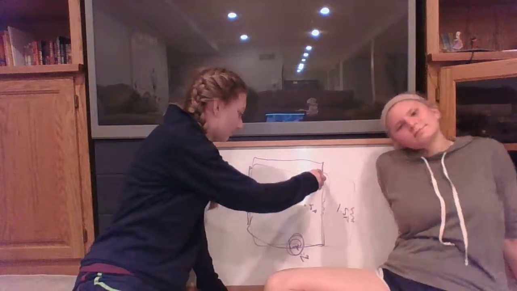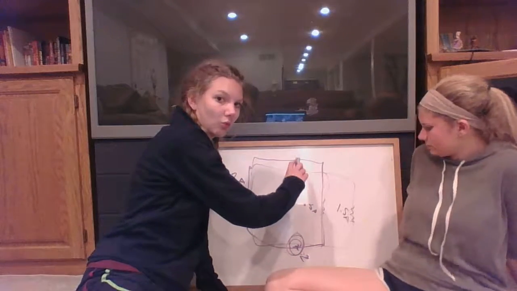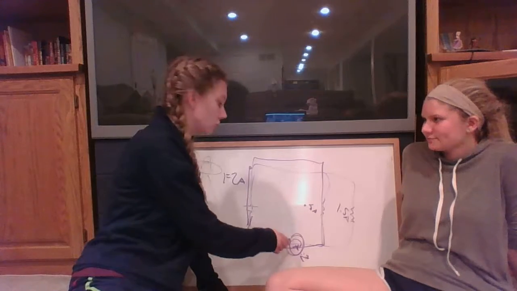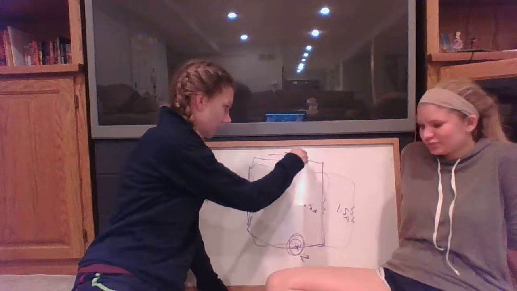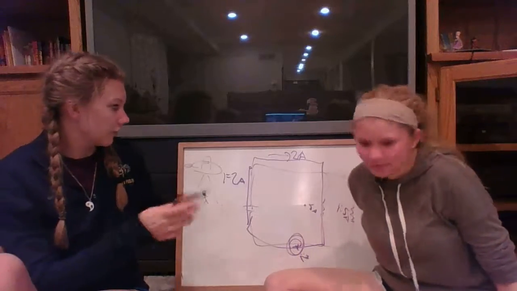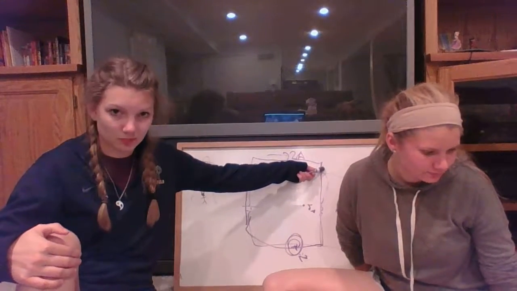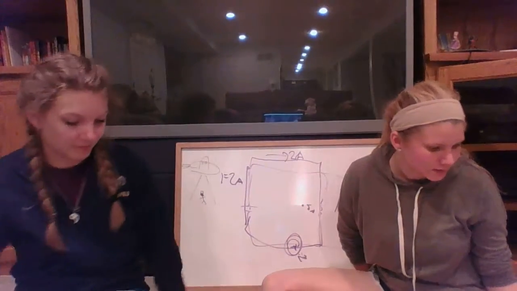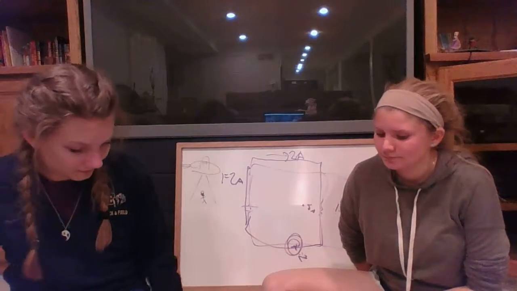So if we have 1.5 coming through here, we have 0.5 coming through here, to equal 2 in the end. That's the junction rule: if there's a split, where some current goes down and some goes across, they have to meet up and equal the same.